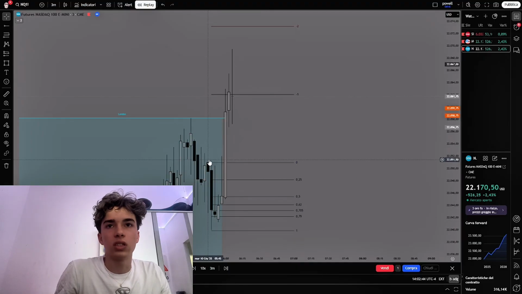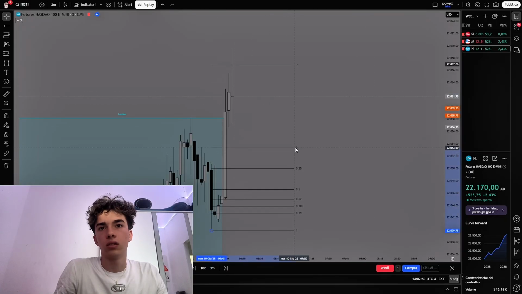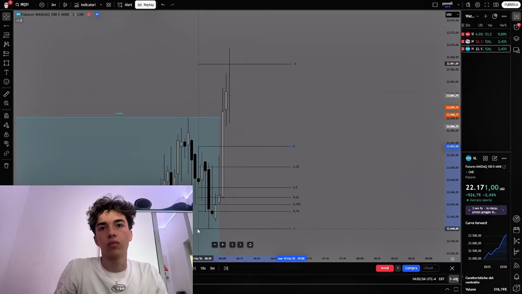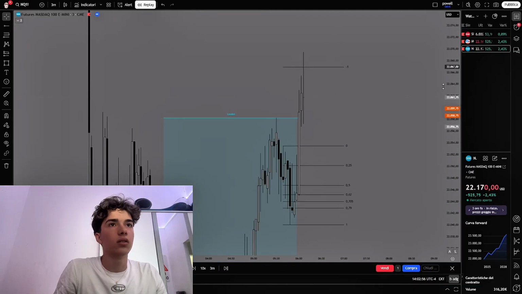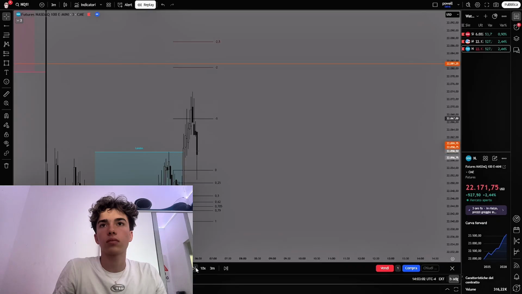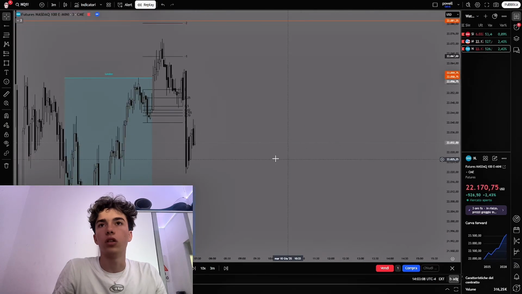Not good because we don't really have a wick. Maybe we could do it like this, but not a really good SDV. Let's see. No, we messed up. It's a no trade either.